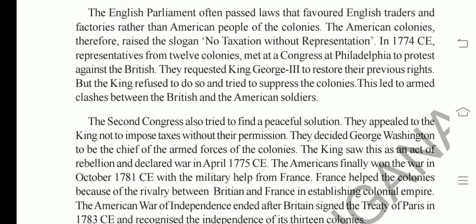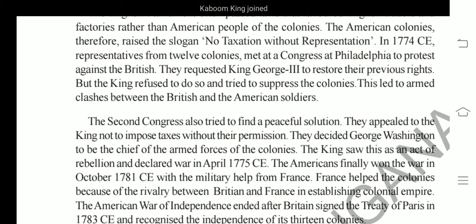So they tried to find a peaceful solution in the second Congress held at Philadelphia. They appealed to the king, through the second Congress, not to impose taxes on the 13 colonies of American people without their permission.